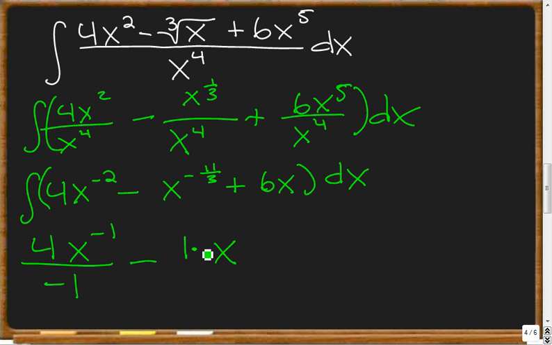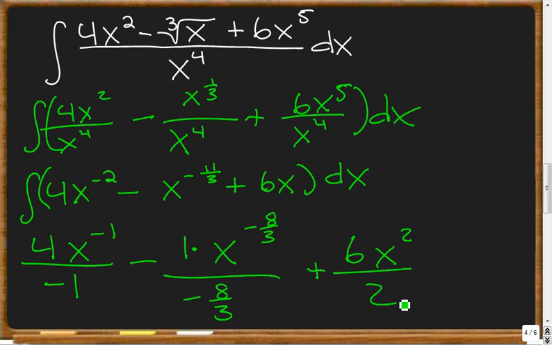Its original coefficient is 1. We add 1 to negative 11/3, becomes negative 8/3, and we divide by that negative 8/3. And then finally we have 6x, so we raise x by a power, 6 stays, and we divide by our new exponent, and tack c onto the end.